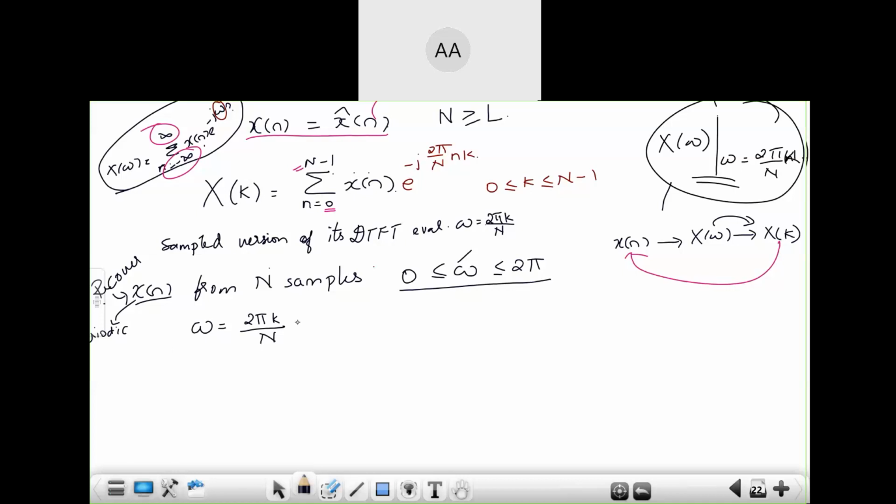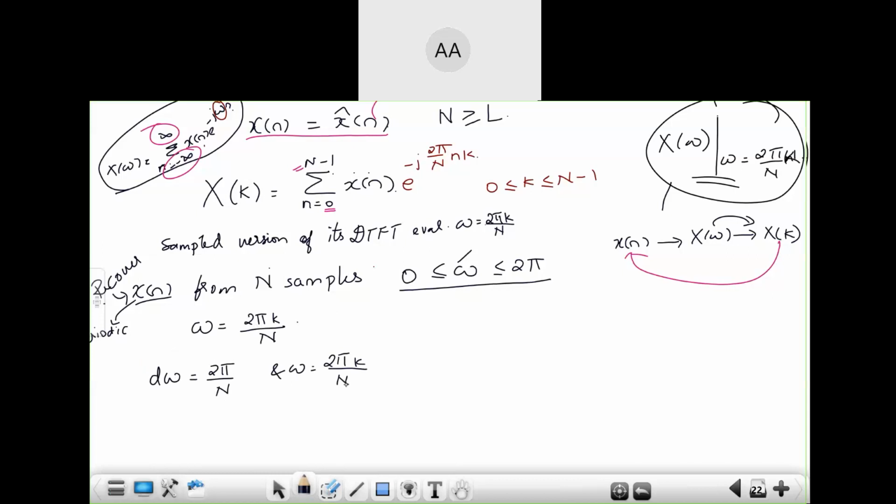Next sentence you write: to recover the finite length sequence x of n from capital N samples of X of k, we use d omega equal to 2 pi by N and omega equal to 2 pi k by N. Where are we going to use this?